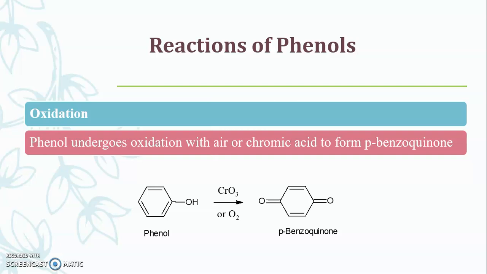Further, the next reaction that we are going to discuss is oxidation. We know oxidation can be considered as the addition of oxygen, removal of hydrogen, and also loss of electrons. So when phenol undergoes oxidation either with air or chromic acid, this chromic acid, that is CrO3, is used as an oxidizing agent.